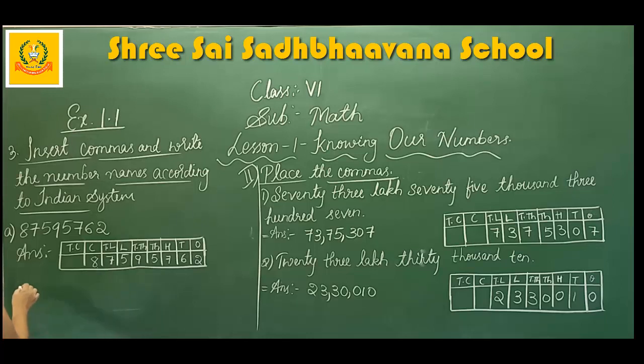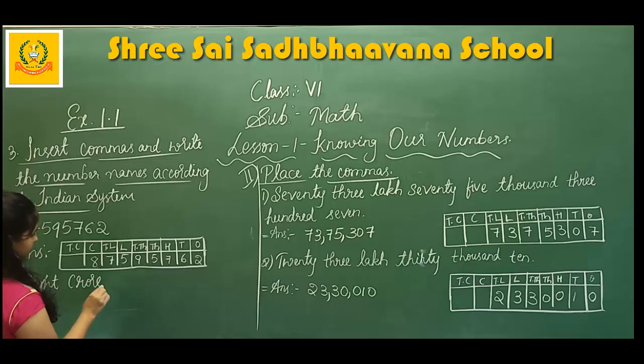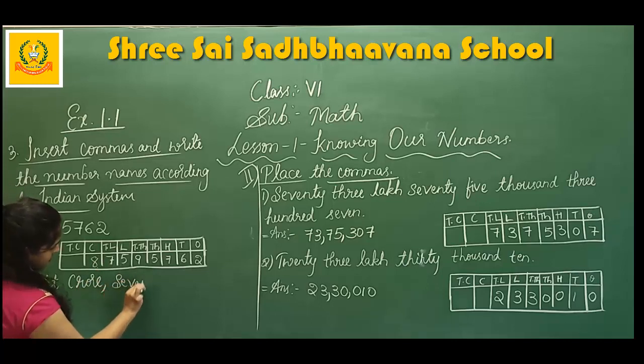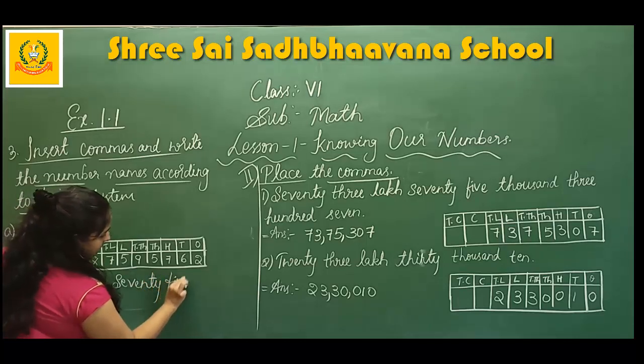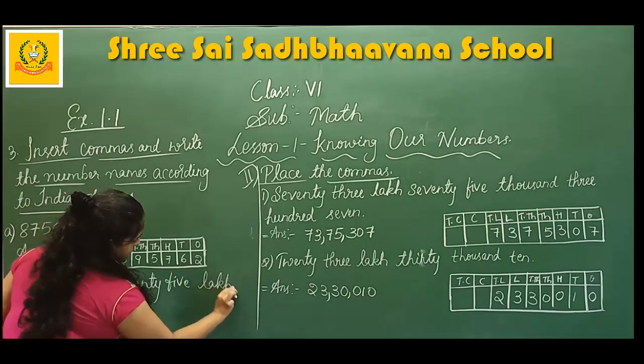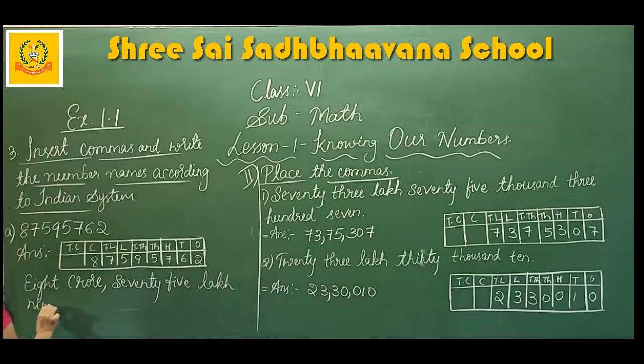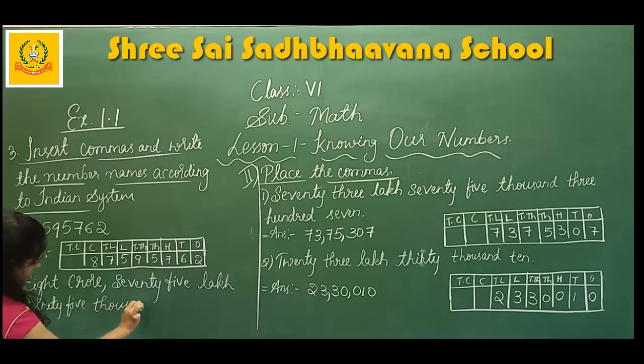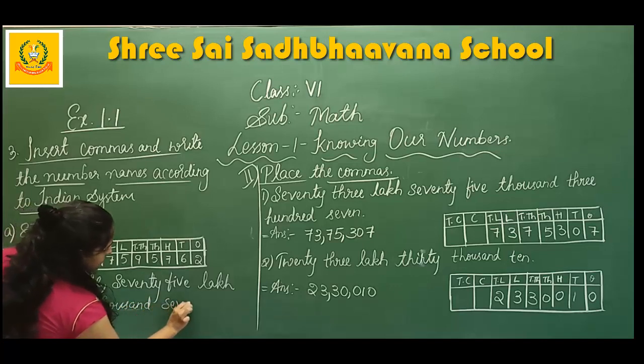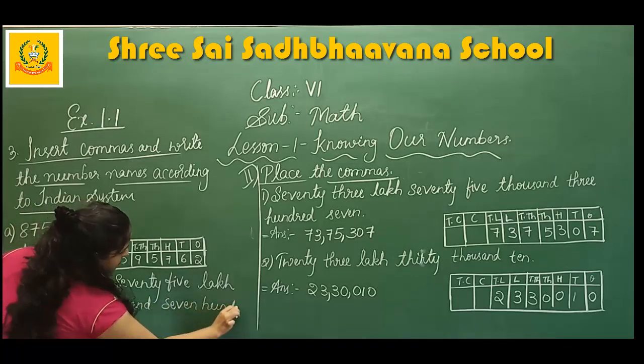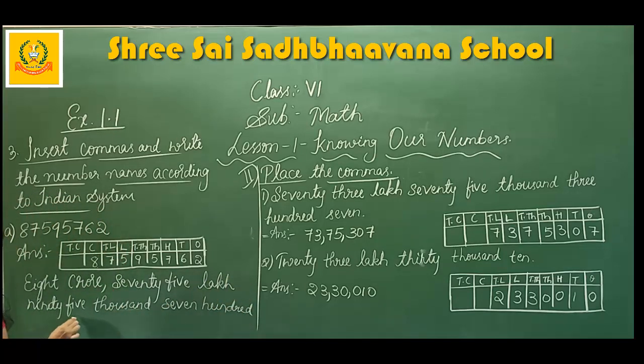Let us write this. 8 crore, comma, 75 lakh, 95,762.